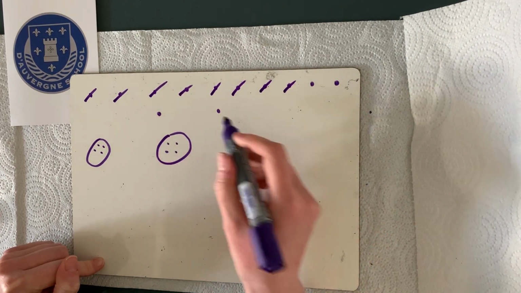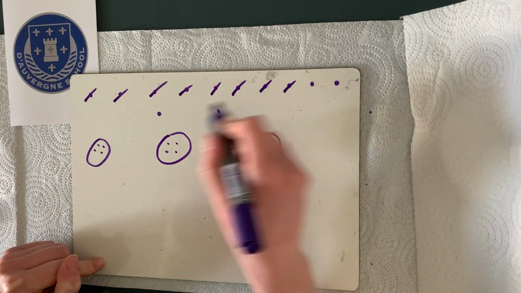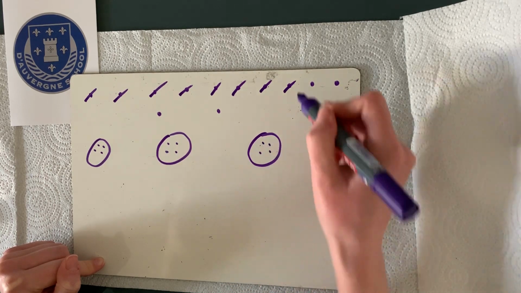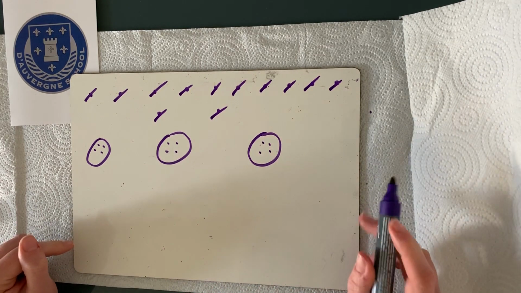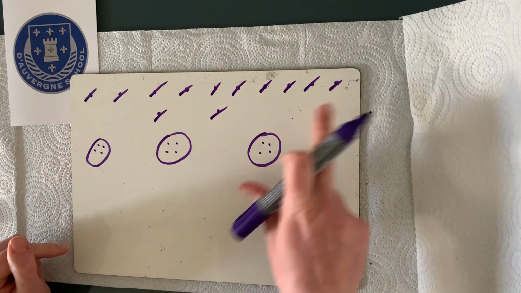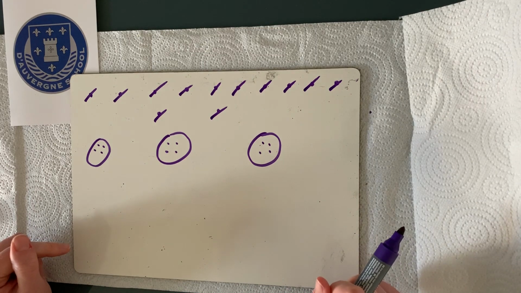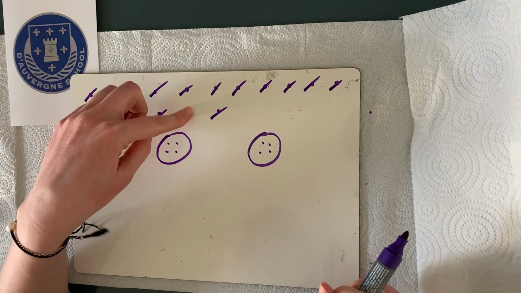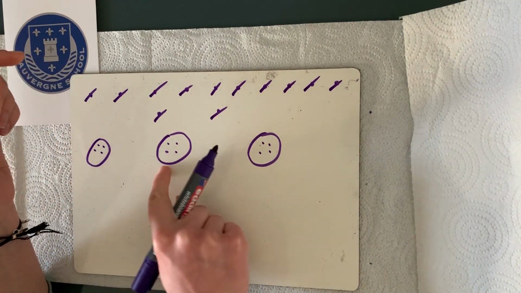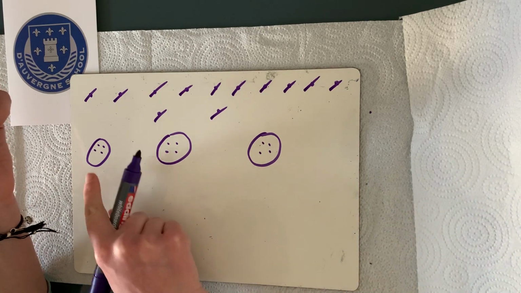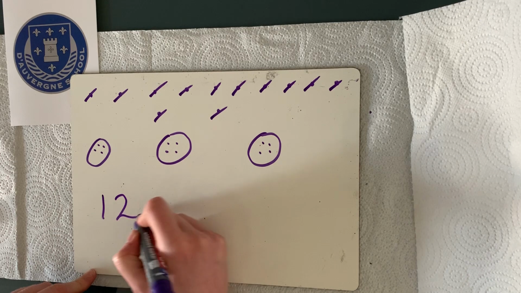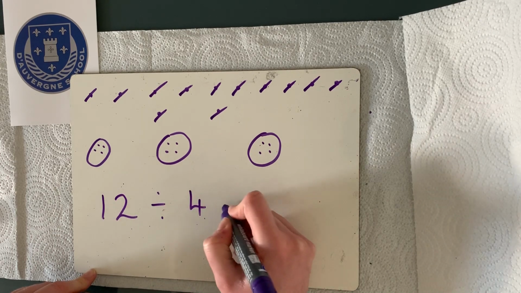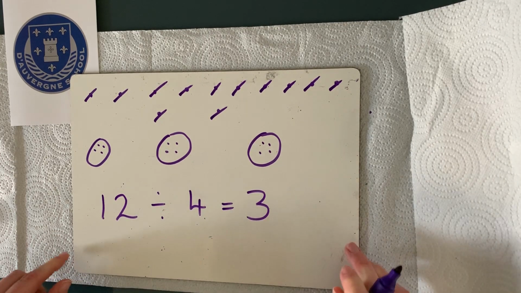Can we make another group of 4? Yes, we can. We've just checked that we've got enough left. And once we've put them into a group, we need to make sure that we cross them out so we know that we've ticked off all of our sweets at the top. So we have shared our 12 sweets into 3 groups because we made sure we had 4 in each group. So 12 divided by 4 equals 3.